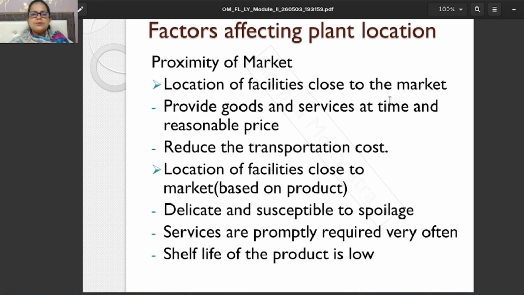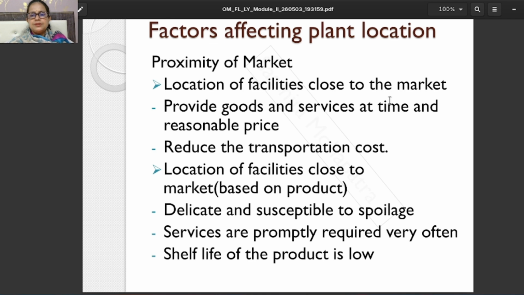Location of the facility close to the market, based on the product, like delicate products susceptible to spoilage. Like if we are providing milk products, perishable products, for that we need to have the market very nearby so that within 24 hours we can provide the service, because these are perishable items.